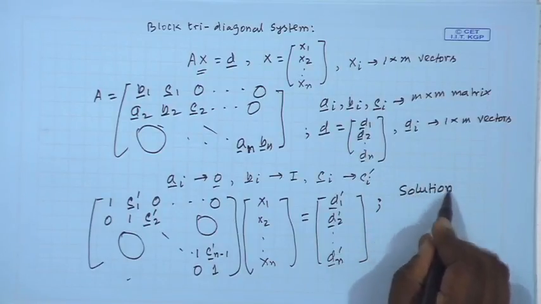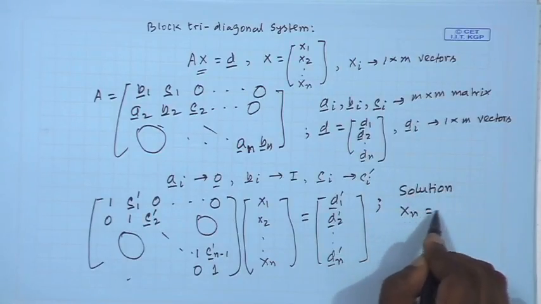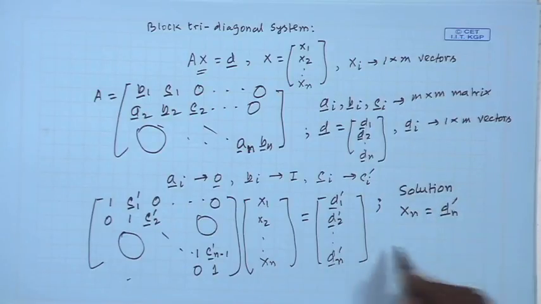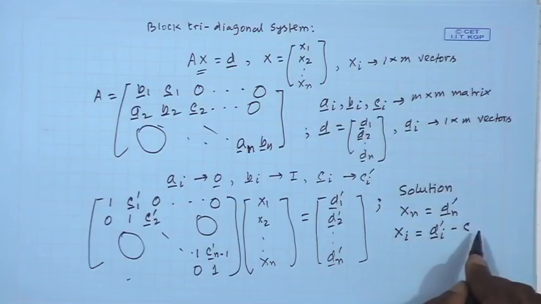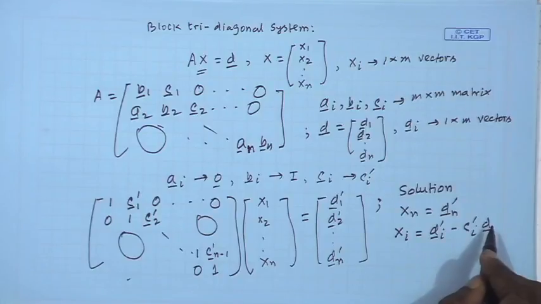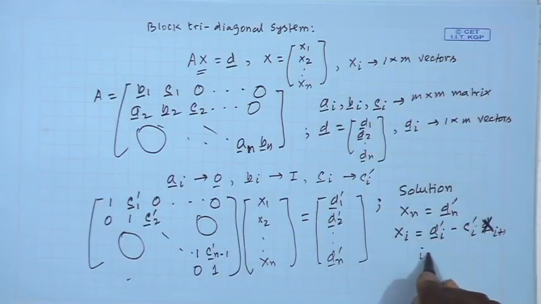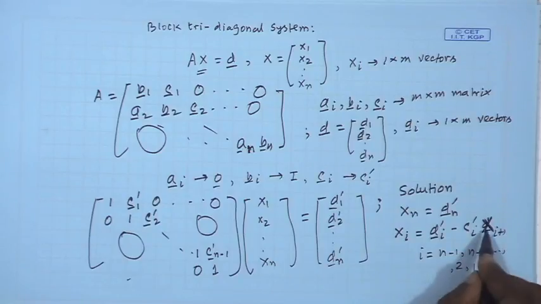We can write xn equal to dn dash, and generally xi equal to di dash minus ci dash xi plus 1, where xi plus 1 is a vector, for i equal to n minus 1, n minus 2, ..., 2, 1. So, by back substitution one can obtain the solution.